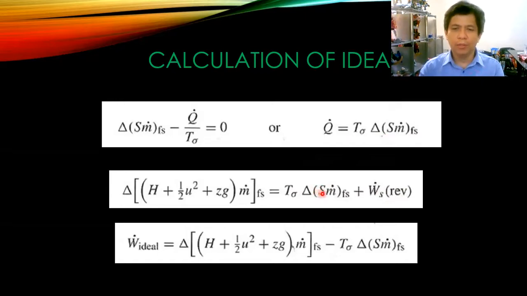Ws reversible here is also defined as the W dot ideal. So just isolate Ws reversible and change its name to W ideal dot. So that would be equal to delta H plus 1/2 v squared plus Cg times M dot Fs minus T sigma times delta S M dot Fs.